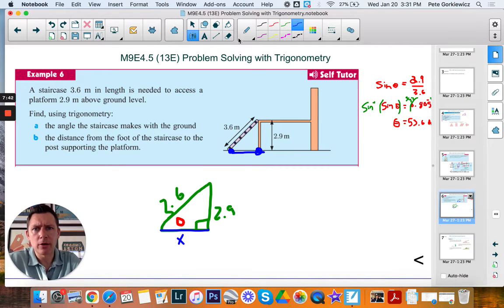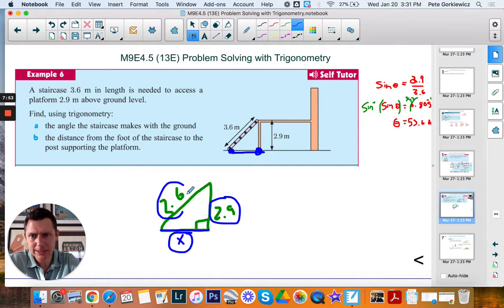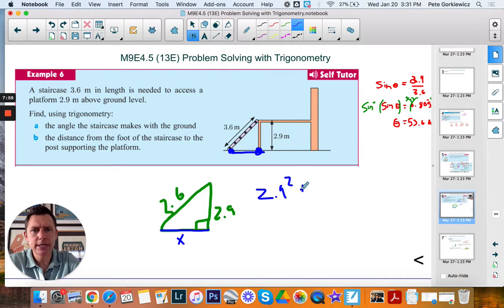Now, we have a lot of information here. We have these angles. One way to do it is, for little kids and old ladies, you can say a squared plus b squared equals c squared, and use Pythagorean theorem. Right? You can say 2.9 squared plus x squared equals 3.6 squared.